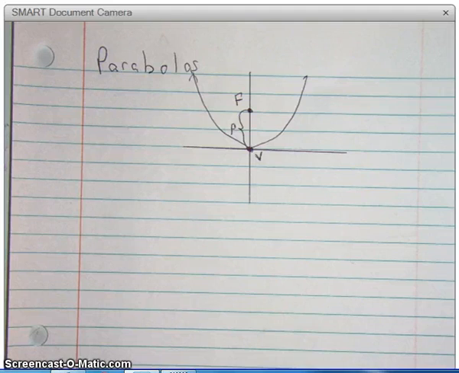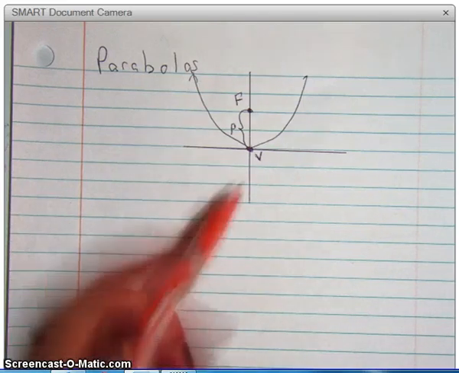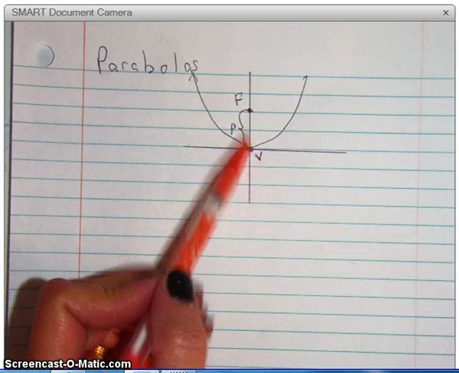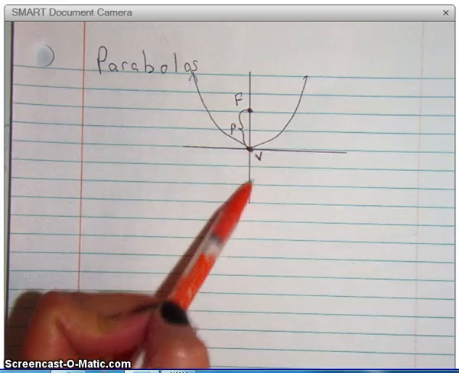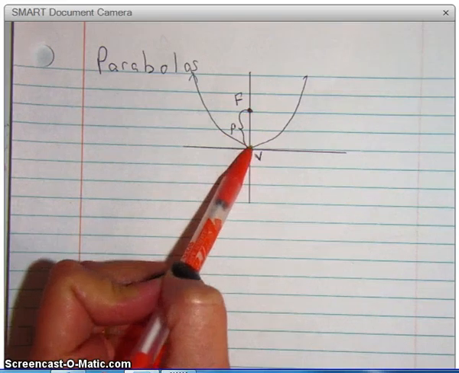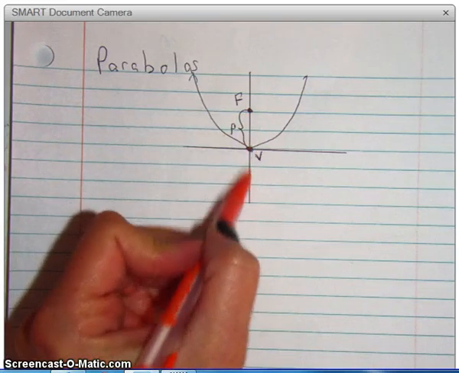Every parabola has a directrix. A directrix is either going to be a horizontal or a vertical line in the opposite direction of the focus from the vertex. So if you have to go up so many to get to the vertex, you have to go down so many.